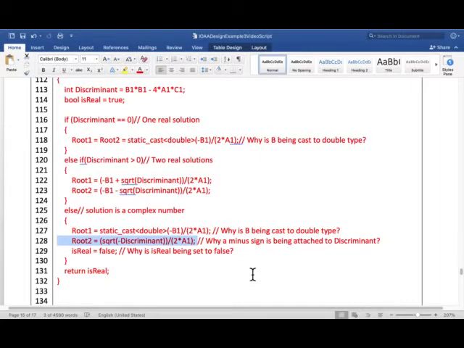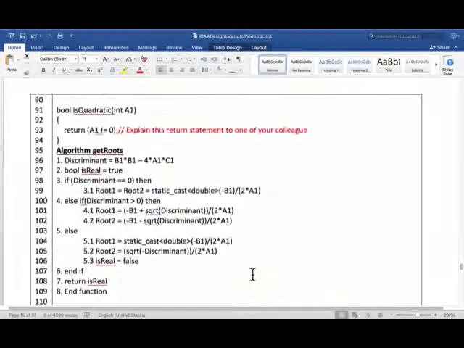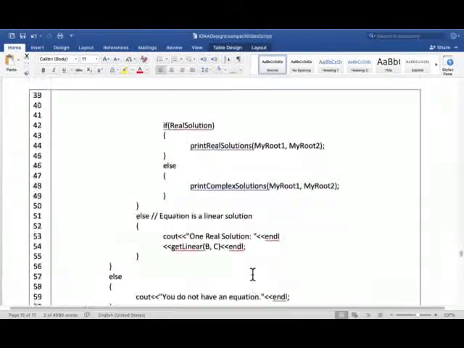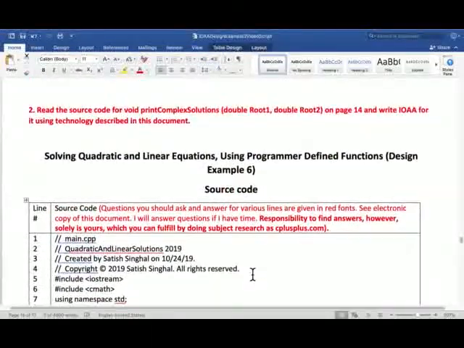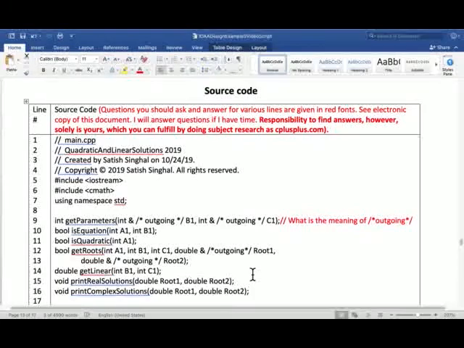getRoots function. Okay, so on purpose, I'm not providing a CPP file for the source code. I want you to work with this document whose copy you have and type the source code yourself. Of course, in the Word document, source code is all here, so it's not going to be that hard for you.